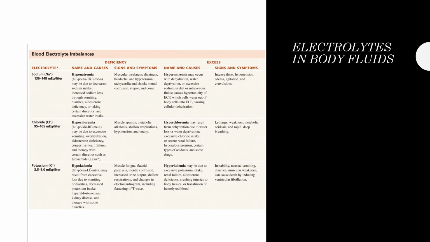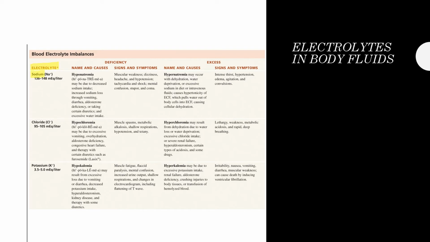Now on this slide and on the next one, we have a really nice table summary of the blood electrolyte imbalances. Now you won't have to memorize the effects of the deficiency or excess of these electrolytes for the exam or anything. This is more just for your own interest's sake. You can just kind of read it over if you want. On this slide, we have the electrolytes on the left.